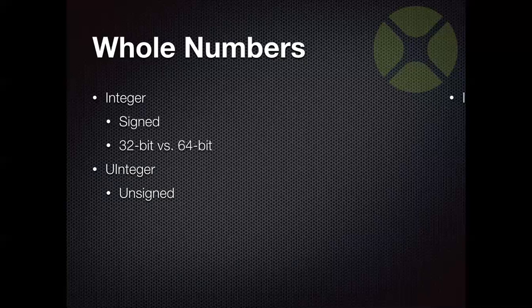But there are other integer types. And these are the size-specific types. And they are int 8, int 16, int 32, and int 64. And the numbers indicate the behind-the-scenes size of the value. So int 8, for example, consists of 8 bits. And int 16, int 32, int 64, and so on.